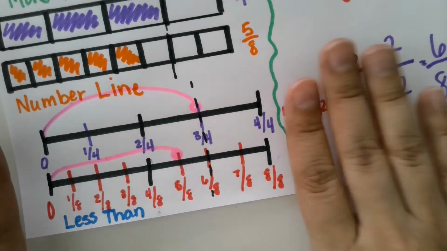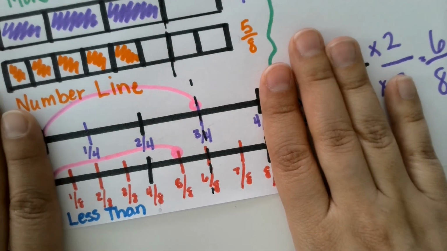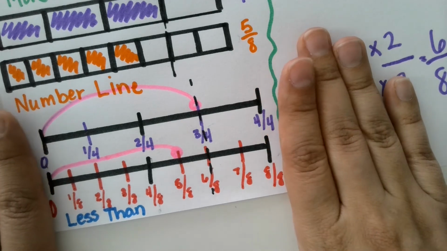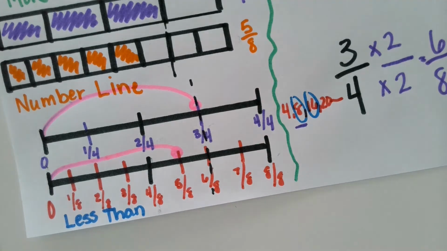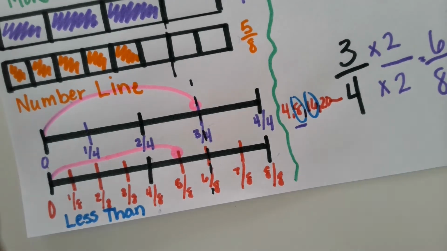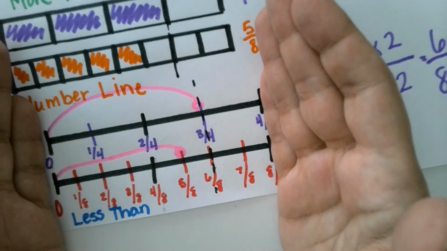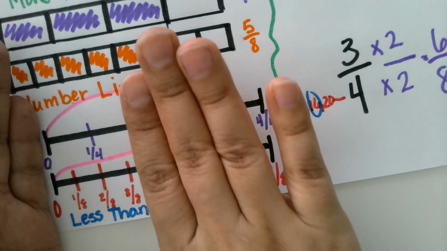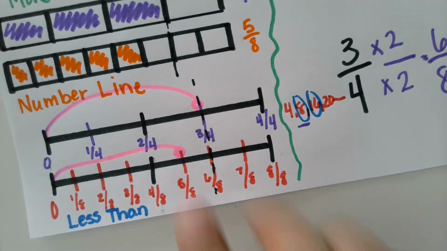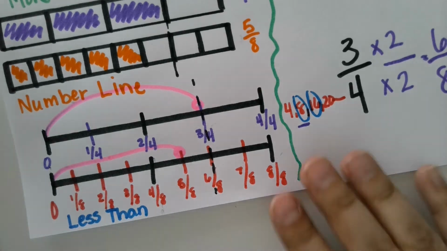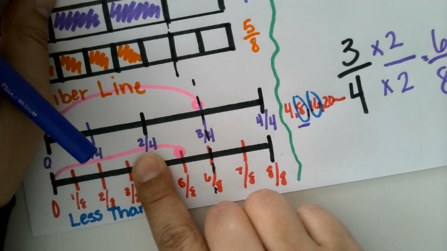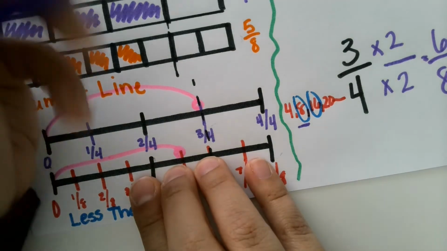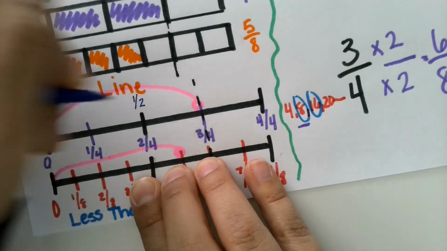Okay, when you draw your number lines, they need to be the exact same length. All right, and what we did, if you remember what we did in class, was the very first thing we did is we labeled the endpoints, the 0 and the 1 whole, and then we went straight to a halfway point. So what I didn't do here, but I remember we would do in class, is before we even labeled this with the fraction that we are in, either 4ths or 8ths, we would label this 1/2.